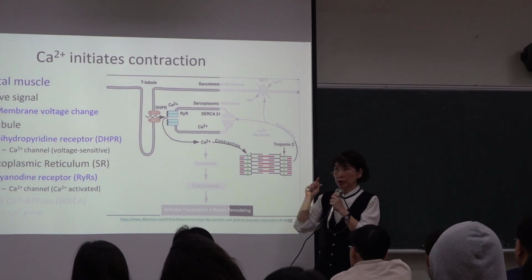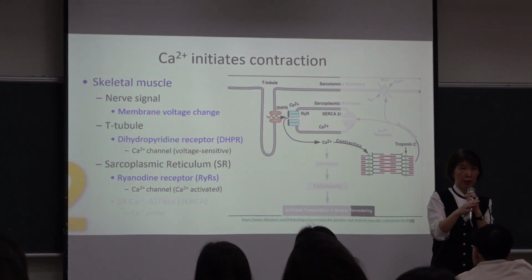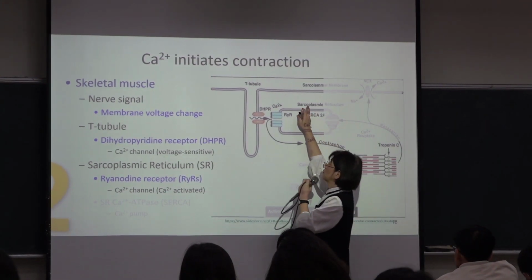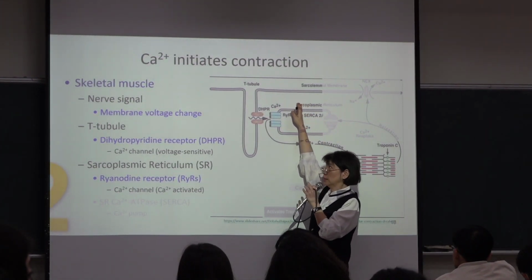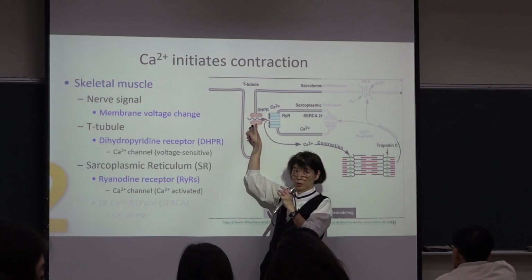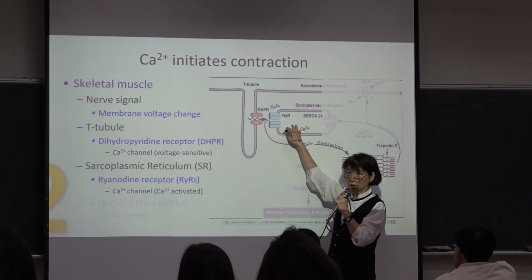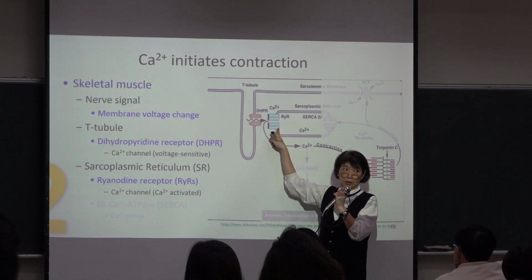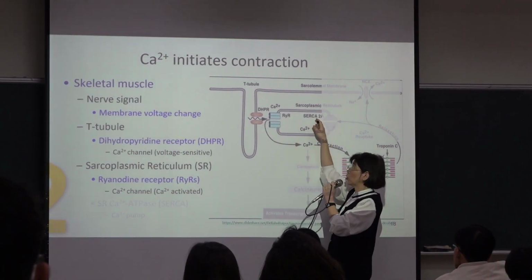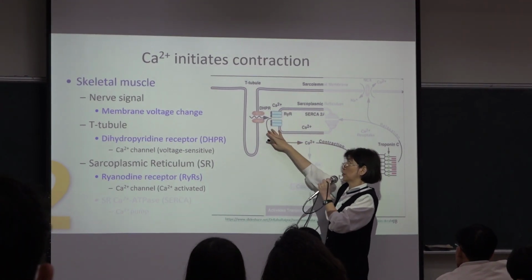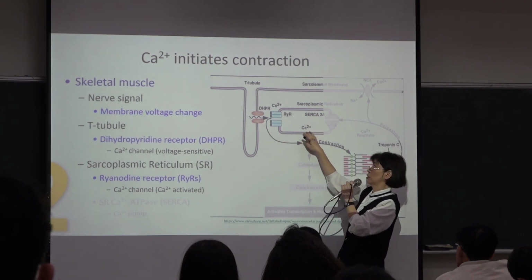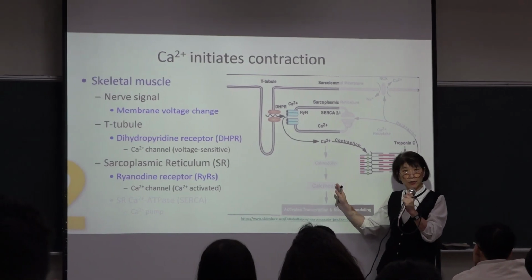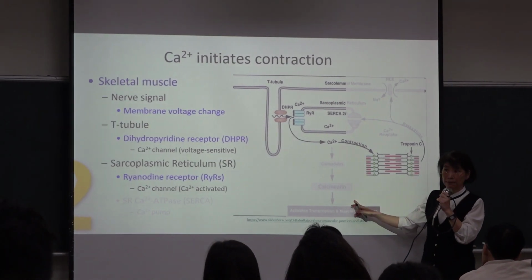Okay, so when your brain tells your muscle to stop contracting, the voltage change stops, right? And this channel closes. No more calcium entering the cell. Therefore, this channel closes and no more calcium coming out from the SR to the cytoplasm. But there's still some calcium in the cytoplasm, right?